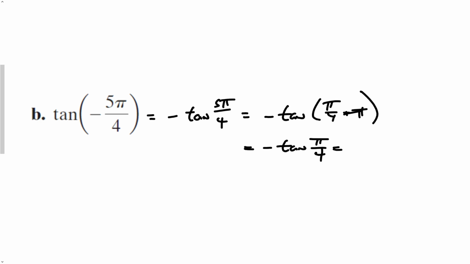So the tangent of negative 5 pi over 4 is the same as the negative tangent of pi over 4. The tangent of pi over 4 is 1. Make it negative to give me negative 1.